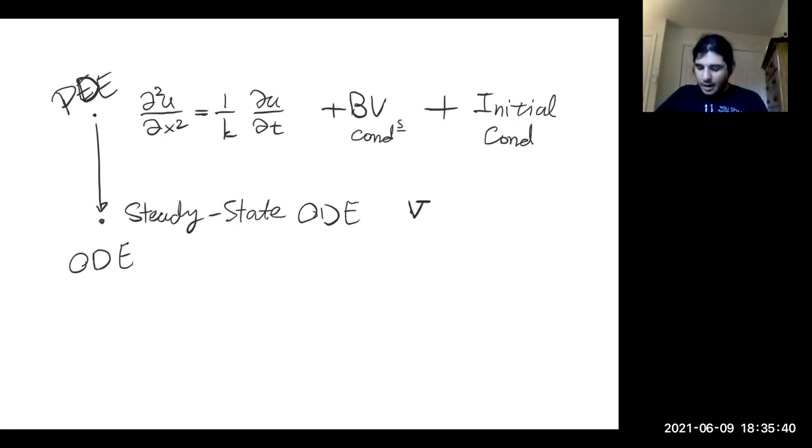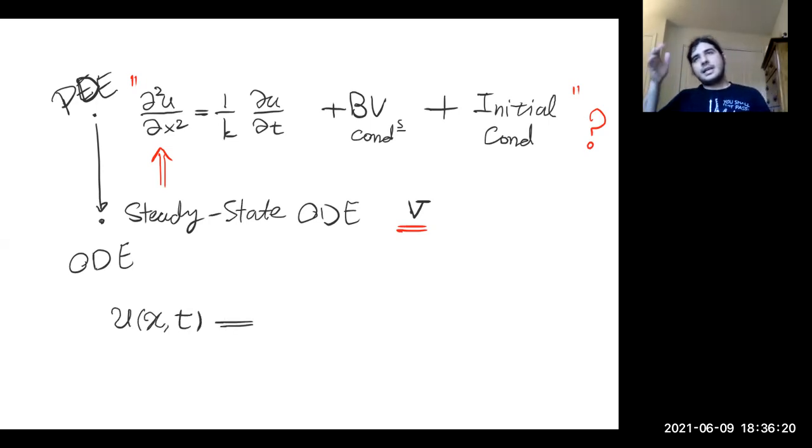But now the idea is how we can use this v to go back to solve the PDE which we started with. The final goal, which we hope we can do, is solving this PDE. Now the question is, can we use this function which we found here to go back and solve this PDE? The idea is that we are looking for a function u of x and t, right?